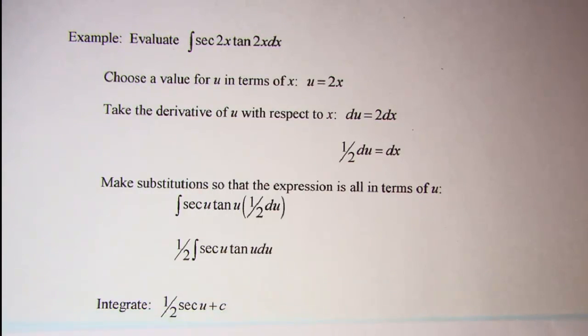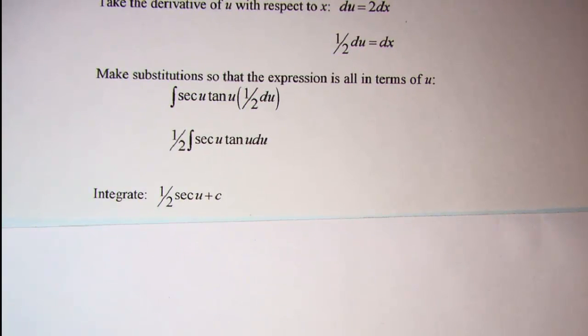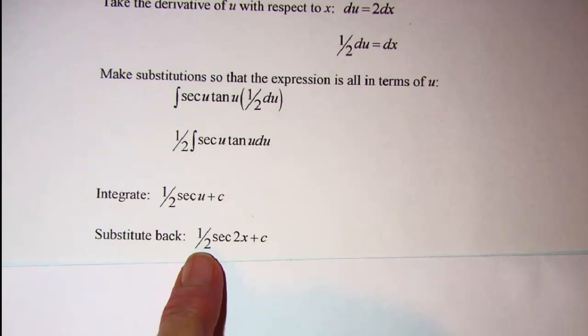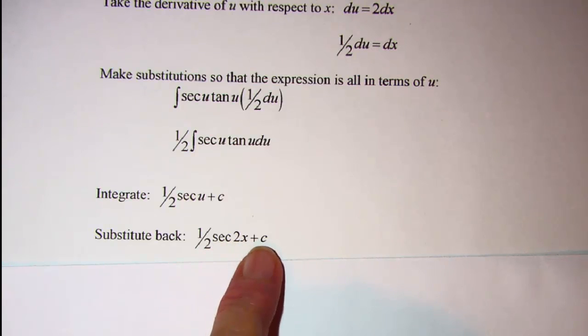Now when I integrate that, my 1/2 is still out in front, and that's secant u plus constant. And all I need to do now is sub back in. What I have now is 1/2 secant of 2x plus a constant.